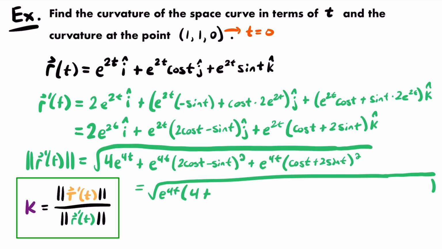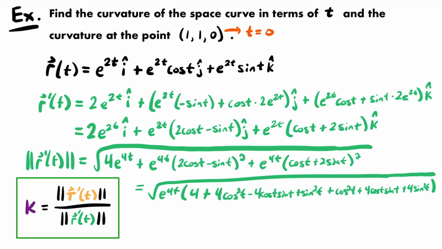So doing that will give us 4 times cosine squared t minus 4 times cosine t sine t plus sine squared t plus cosine squared t plus 4 cosine t sine t plus 4 sine squared t. Okay, these three terms came from squaring this quantity, and these three terms came from squaring this quantity.